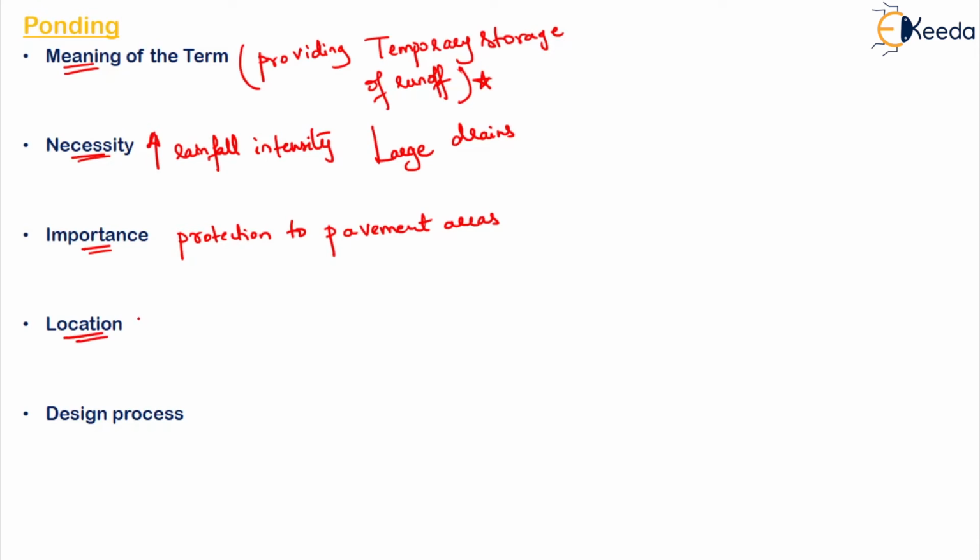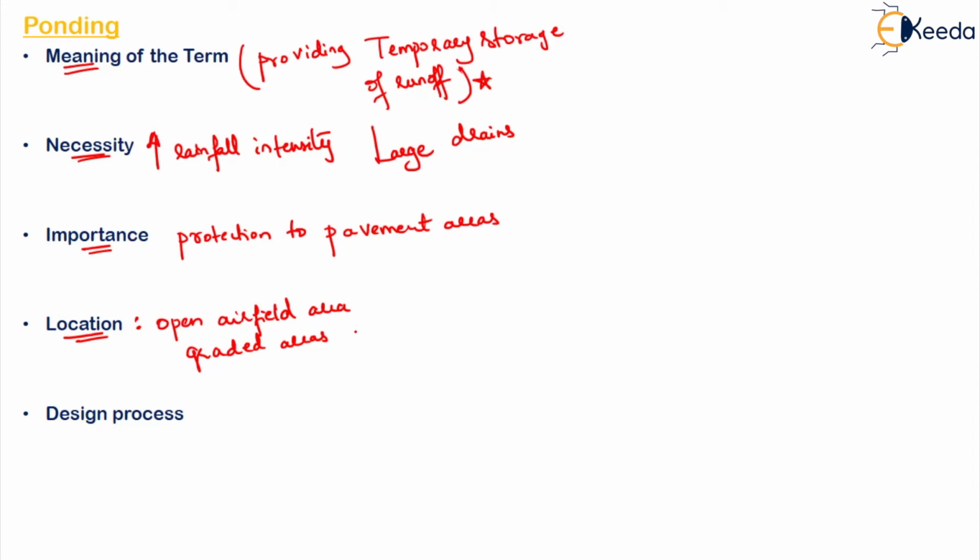Where exactly do we have to provide the ponding? Normally this ponding can be provided in the open airfield area, or in a graded area where it should not saturate or damage the subgrade or the base course.